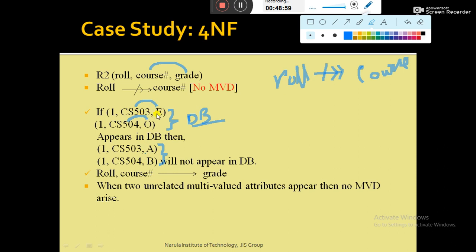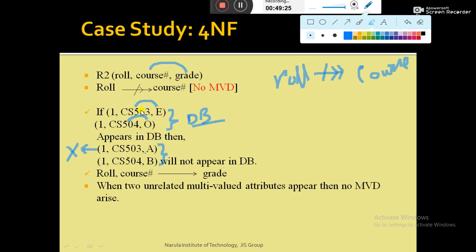A student who enrolled in CS503 and already secured E cannot get a different grade for that same course.